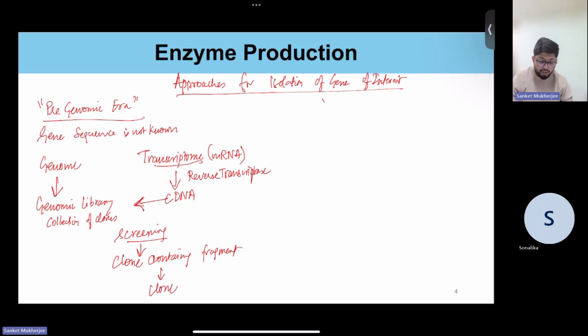Now, in the post-genomic era, which is now, genomics is very much accessible. We have different techniques like next generation sequencing, which makes it very easy to sequence the entire genome of multiple organisms.